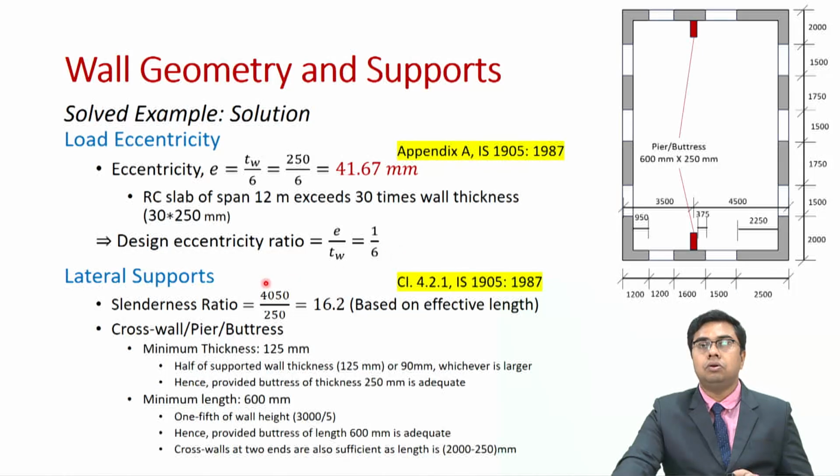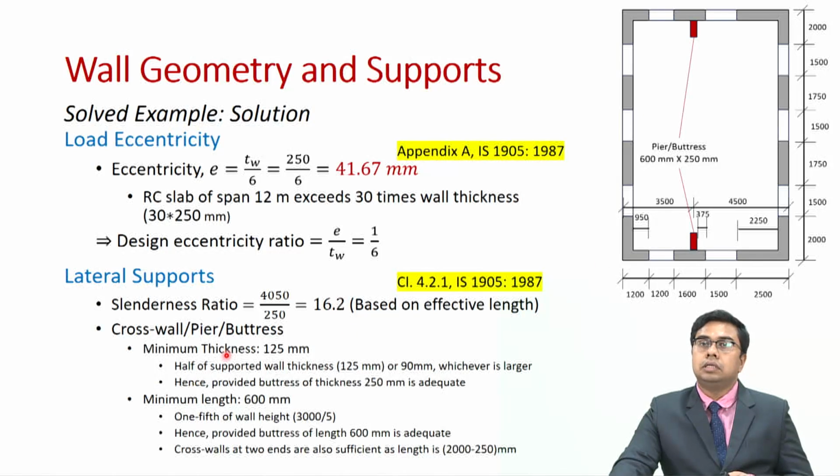Then let us look into compliance to various lateral supports. In our case, the slenderness ratio has been found to be 16.2, which is all right. Now let us check the support, that is the cross walls or piers. Here we have two cross walls, one at either end, and you have one pier or buttress over here.